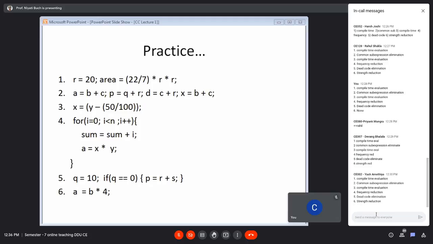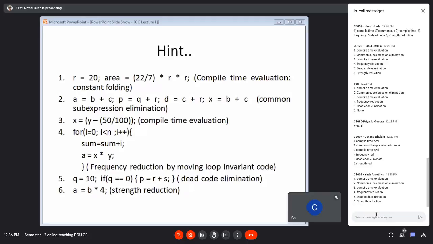Any questions, anyone? So, summarized, I have added the hints of what optimization transformation into one slide, so later for your reference, you can use this.